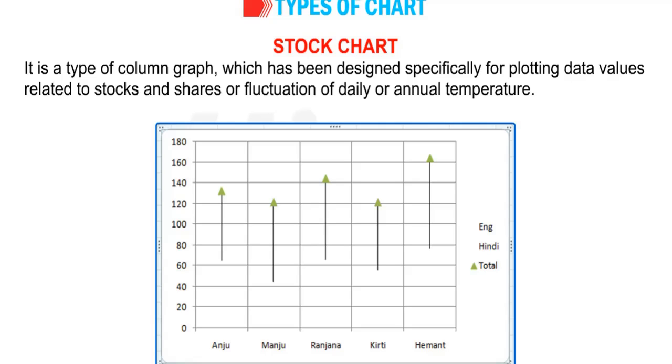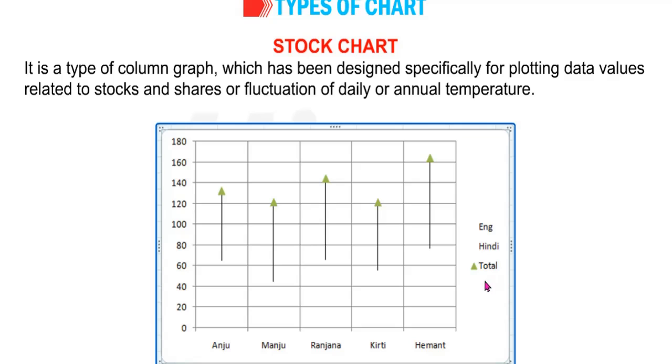The data required for these charts consist of specific data series like opening price, closing price, high and low prices. You can see in the newspaper today's rate of gold or Nifty, the share market started with this much point, ended with this much point, and this is the time gold or this company got the highest or lowest shares. This is all shown in a stock chart.